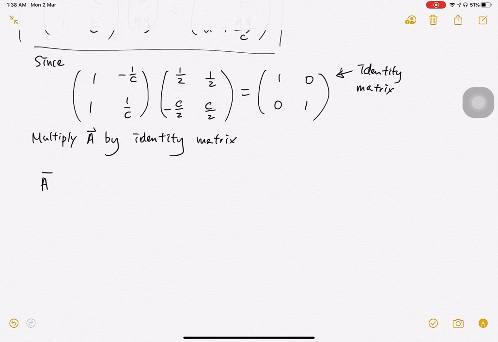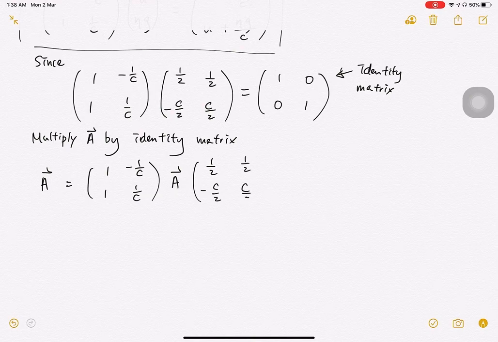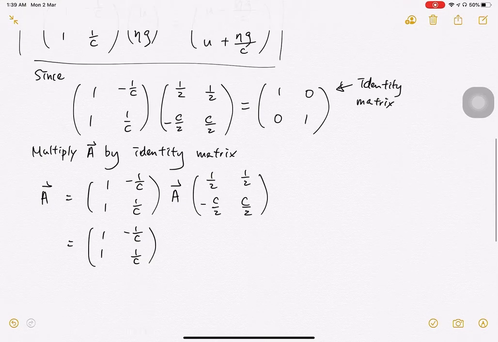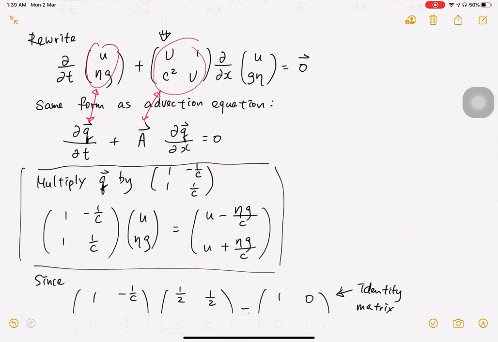So A equals to, then you know the value of A, right? A is in here. This one is A.